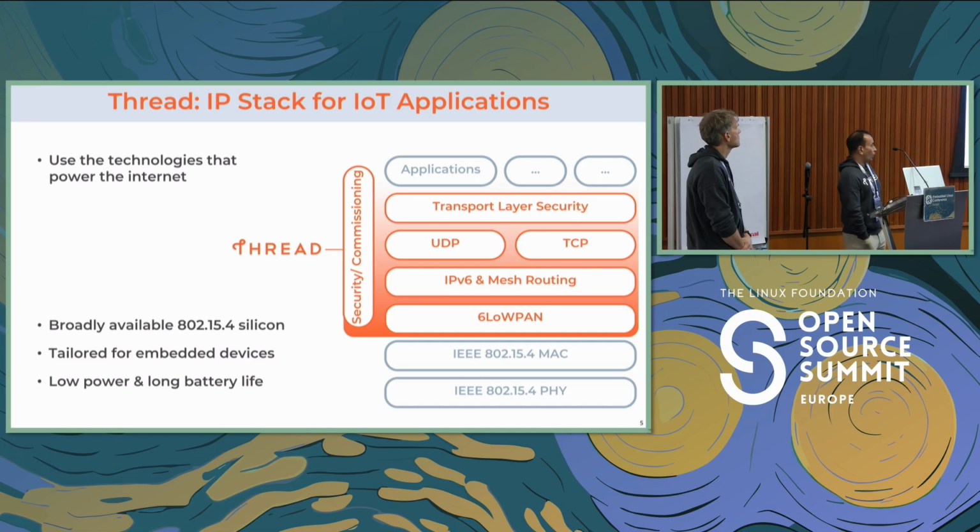So basically all the nodes or devices on the Thread network will have IP connectivity. And above that, you have the standard UDP, TCP, and IPv6 routing layers, which are all wrapped up in the standard security and commissioning protocols, which are used industry-wide.